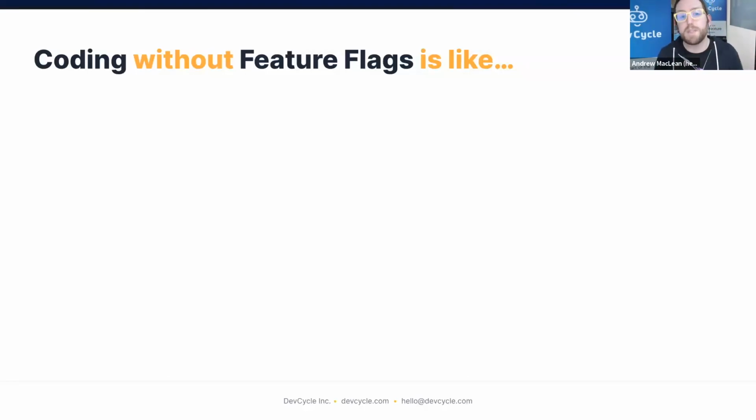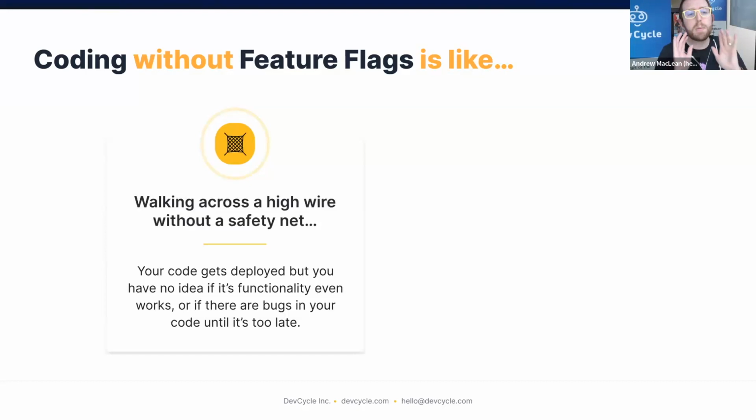Coding without feature flags is a little bit like walking across a high wire without a safety net. I really love these analogies. The idea is that when you're releasing new features into production, often you're developing a new feature in a long-lived feature branch, and then you have to merge it back into main, and maybe things go wrong.